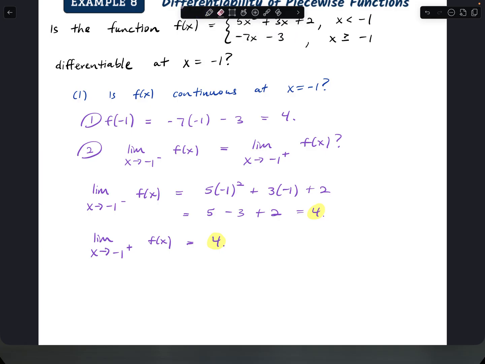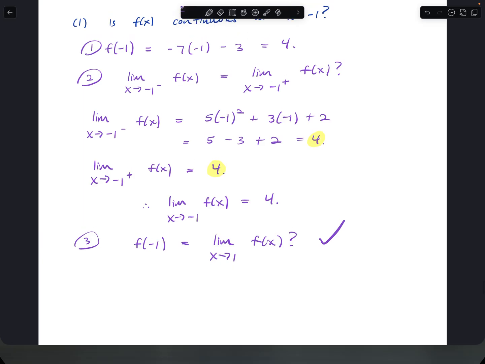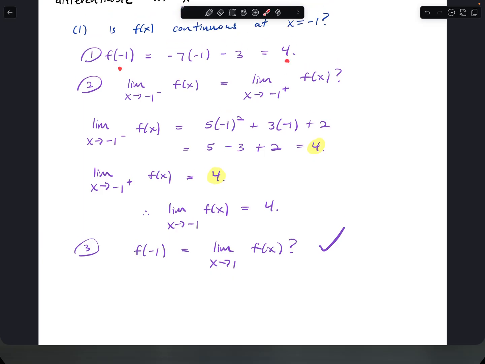So therefore, the limit as x approaches -1 of f of x is equal to 4, because the left-handed and right-handed limits agree. Then last thing, is f of -1 equal to the limit as x approaches -1 of f of x? Yes. f of -1 was 4. The limit as x approaches -1 is 4.